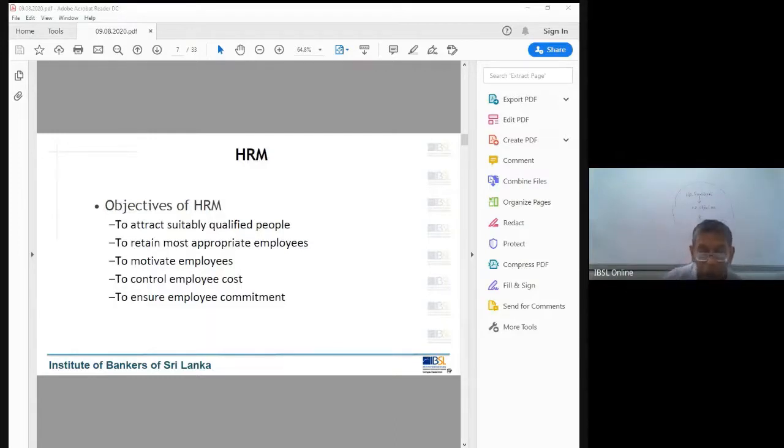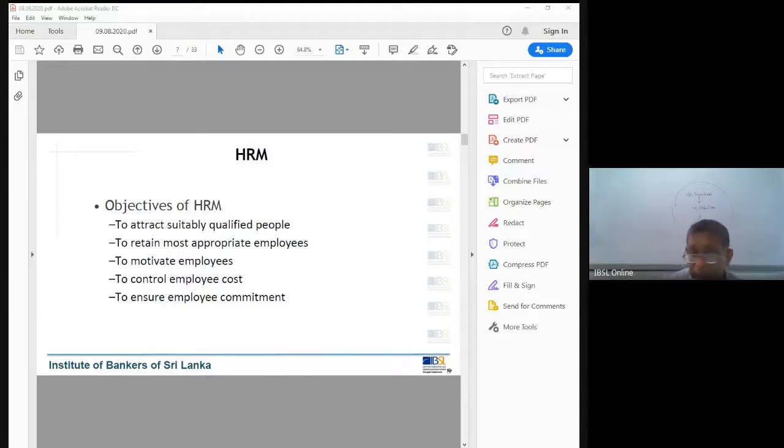While you're working, there is also employee movement. You may be transferred from one division to another division. You may be promoted to a top level, or transferred to another branch. We also call that employee movement. And the next one we call discipline administration.